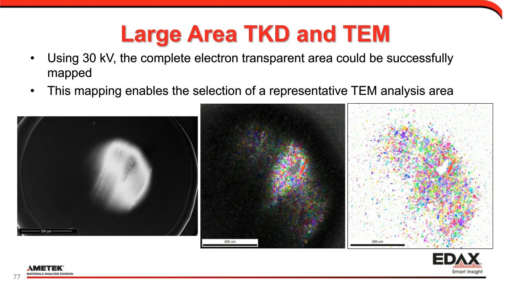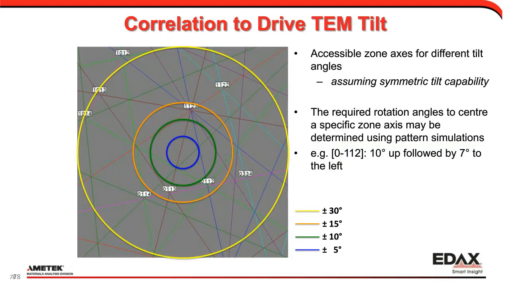To do that, we know our EBSD pattern is here, and this would be a simulation of a measured orientation pattern, and we can identify a specific zone axis. In this case, we'd be looking at the 0-bar 112, and we want to position this orientation in the center of the image to get the diffraction conditions we want.